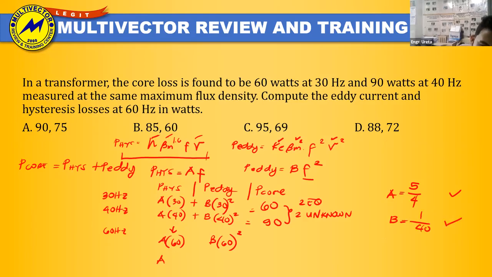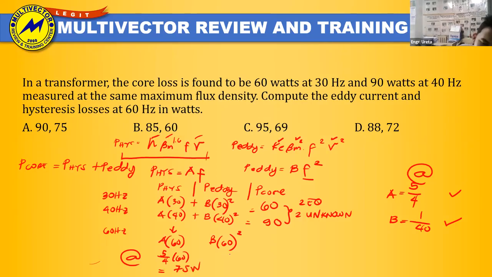Our hysteresis loss is A times 60, where A is 5 fourths. These values are what I used here. When you solve that, the answer is 75 watts.